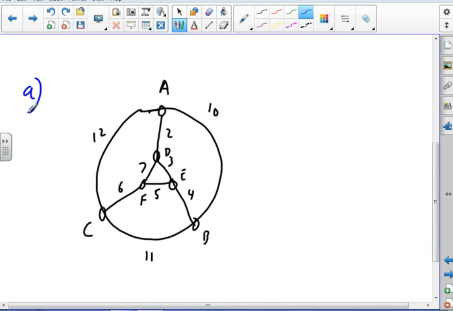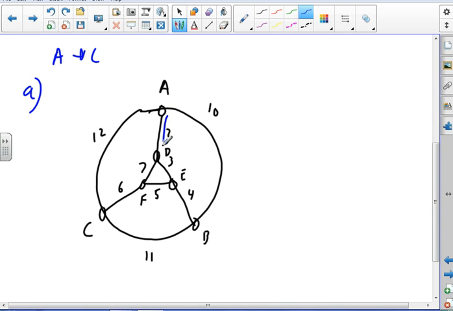We want to start at A, end at C. All right, so I'm going to go boom, boom, boom. That doesn't work. Boom, boom, boom, boom, boom, boom, boom, boom. That works, right?